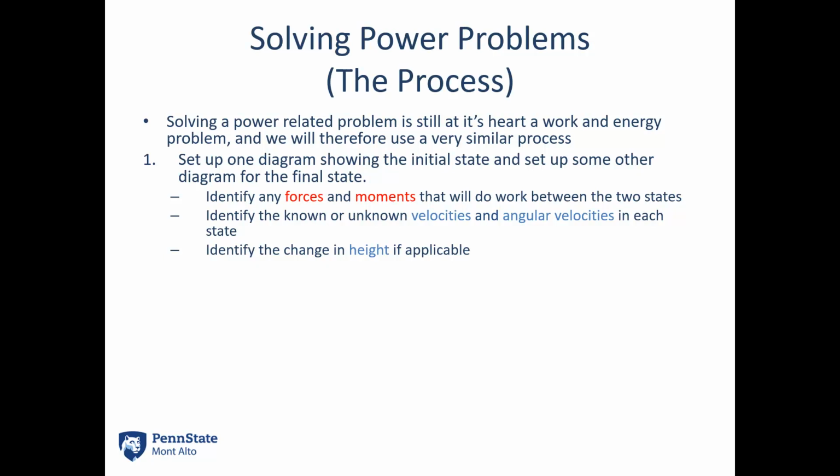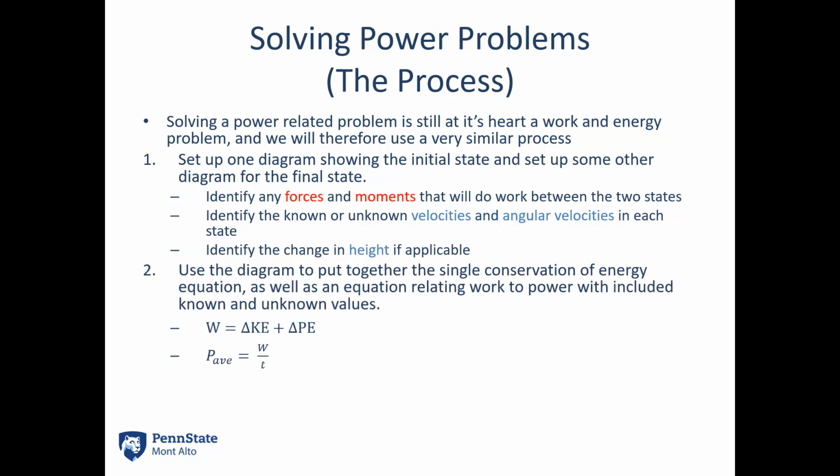Identify the known or unknown velocities and angular velocities in each state, or just the instantaneous velocity if that's the case. Identify any changes in height. If you're moving something up, you're changing potential energy, and then you put together the work equals delta KE plus delta PE equation.